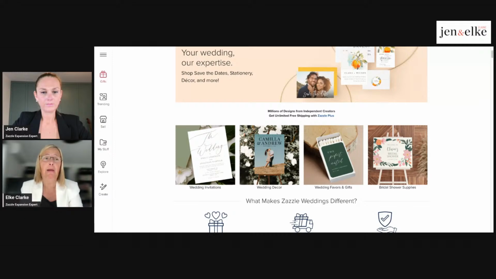But on the other hand, people who are not doing a good job of the mock-up as an additional option to the current mock-up that Zazzle has, they're actually stopping a sale from happening even at the thumbnail level. Even though you've got the SEO correct and all that, and the design is nice, if your mock-up isn't good, then you are going to lose the sale right then and there.